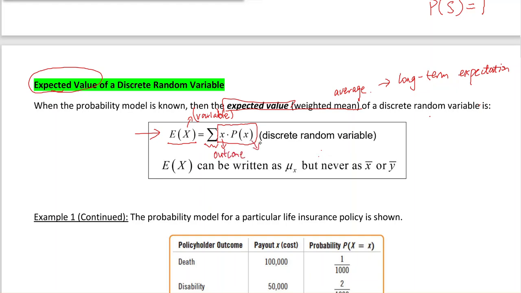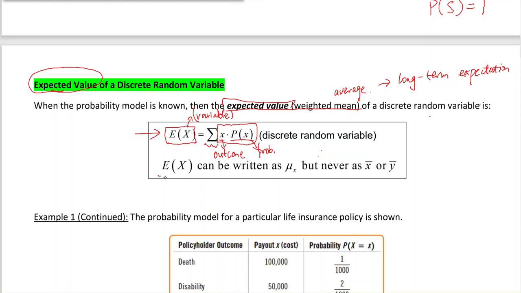And their corresponding probabilities. So for each outcome, you have the value times its corresponding probability, and then sum together. The summation of each outcome times their corresponding probabilities will be called the expected value of this discrete variable.